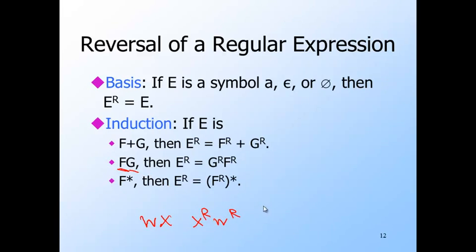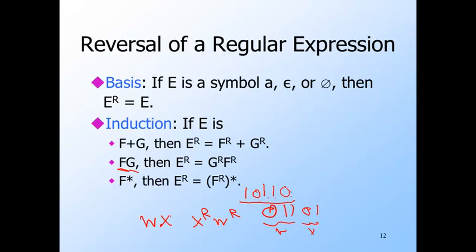For example, if w is 011 and x is 01, then w reversed is 110 and x reversed is 10, but the x has to come first, so the reverse of 01101 is in fact 10110.